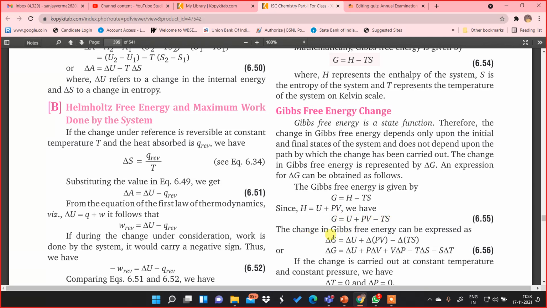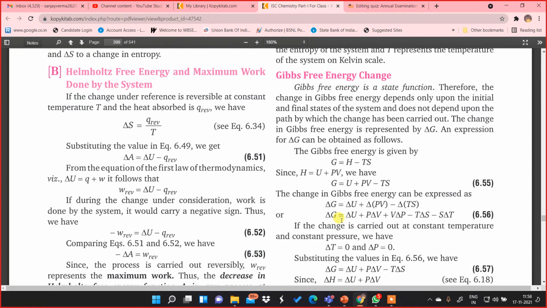Or the change in Gibbs free energy can be expressed as delta G is equal to delta U plus delta PV minus delta TS. Or delta G is equal to delta U plus P delta V, pressure is constant, that's why P, there is no delta P, plus V delta P, minus T delta S and S delta T. Temperature is constant, so this will go out. Delta T will go out, delta P will also go out.